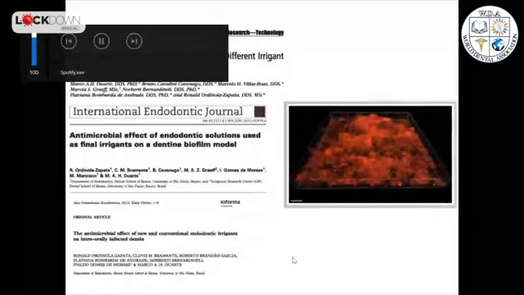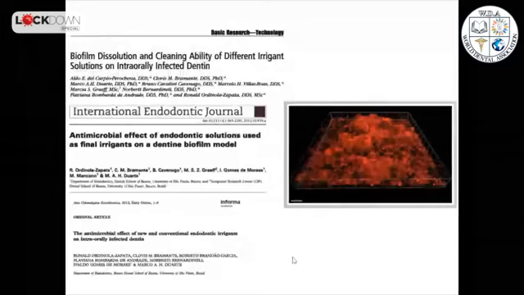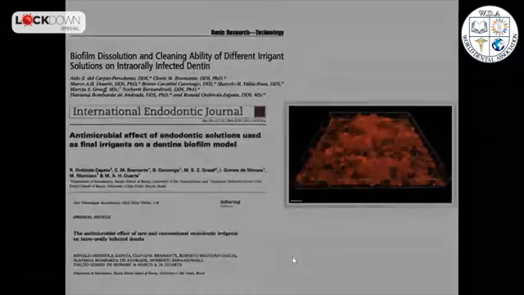These are basically in vitro experiments. It doesn't mean that this is going to happen in your patient's mouth, but it's a very nice way to control all the variables and to see how the bacteria interact with different irrigant solutions. I'm just going to explain all these experiments very briefly.